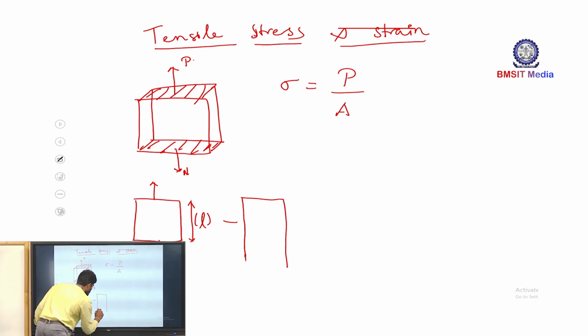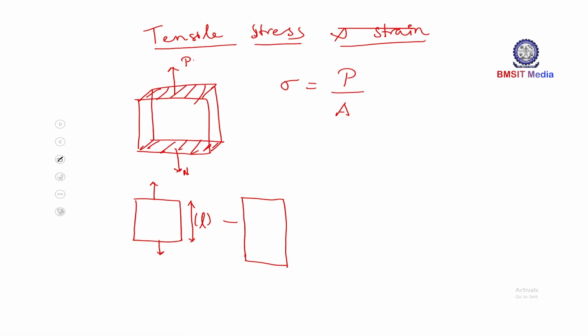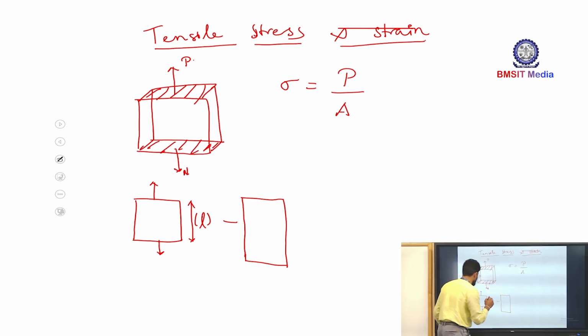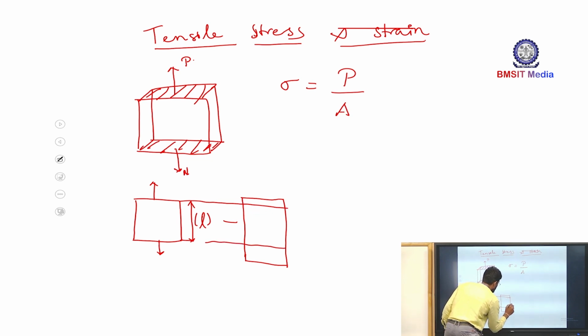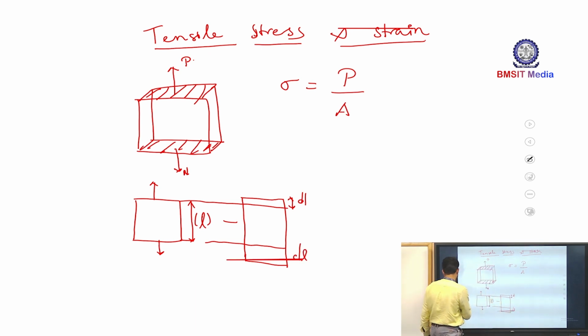As civil engineers, we have to quantify how much exactly it has gone, and that we'll calculate. First we'll understand the concepts here. This much amount has got elongated, I am giving it the letter dl. This dl is the extension of the line.